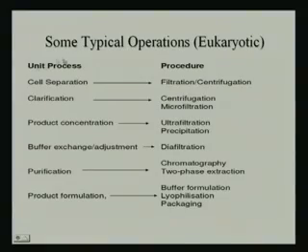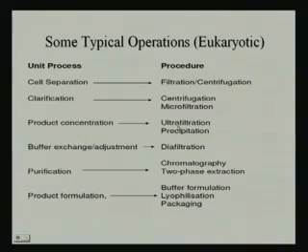If the unit process is clarification, we can go for centrifugation or microfiltration. If the unit operation is product concentration, we can use a definite molecular weight membrane for ultrafiltration, or we can go for precipitation, which may be salt precipitation or solvent precipitation.